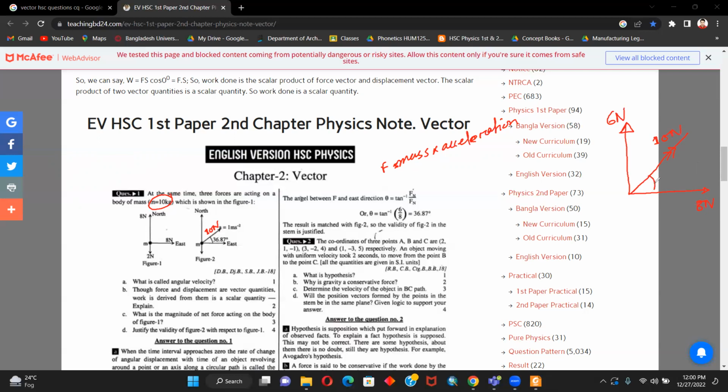The angle is 36.87 degrees. Now, from the first figure, we have to calculate if this is the angle. We have already calculated that the resultant force was 10 newtons. That means that is correct from the first figure, right? Yes. Now we have to just calculate the angle between them.